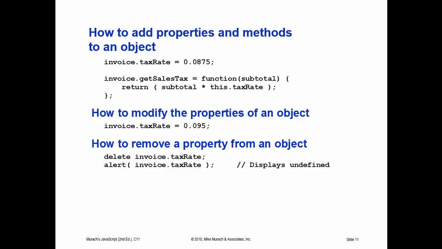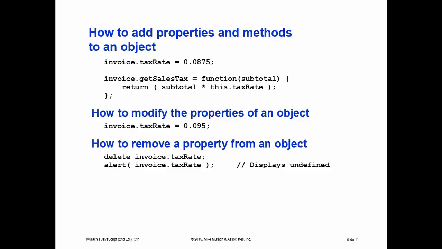You can also change the value of an existing property by assigning it a new value. You can also use the delete operator, as you can see right here, to delete a property or a method from an object.